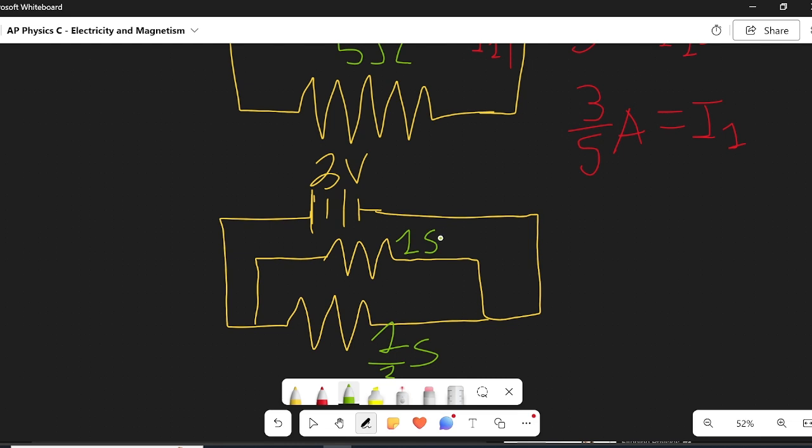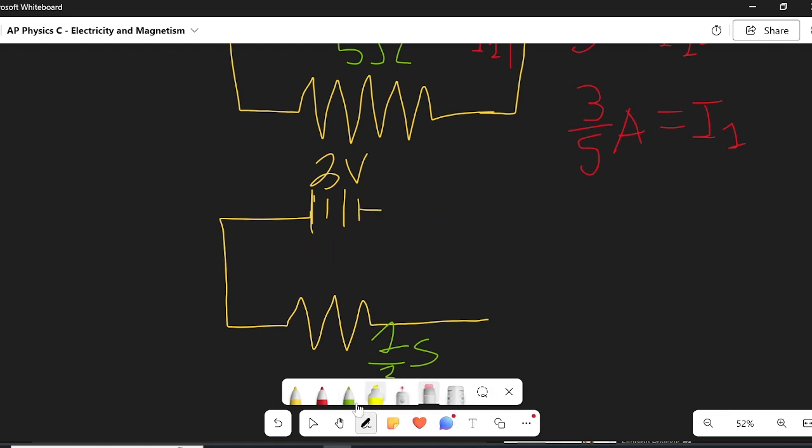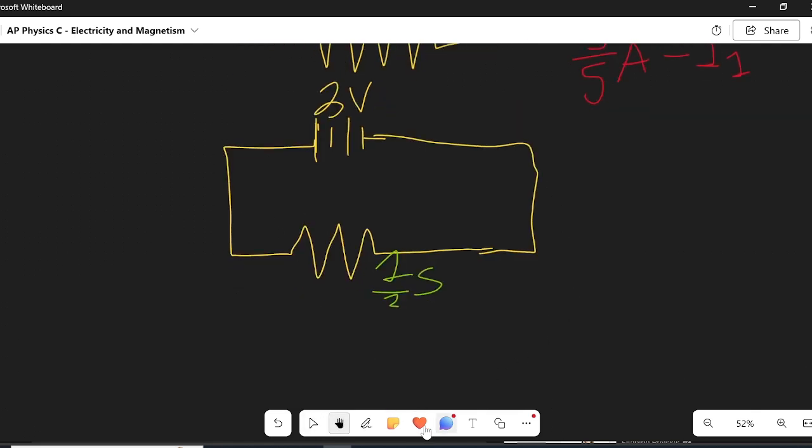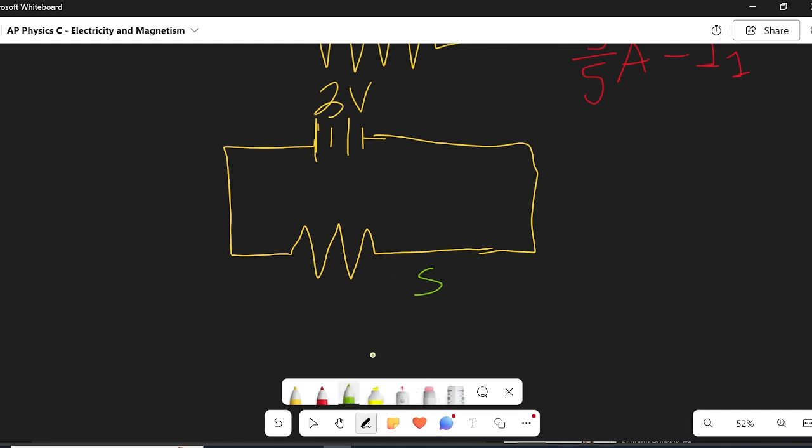So Siemens are the notation for conductivity, and because conductivity represents how easy it is to pass through either one of these, at this point we can combine both of these conductors into one big conductor. Because that one had 1 Siemen of conductance and this one has 1/2 Siemen of conductance, this will become 3/2 Siemens.